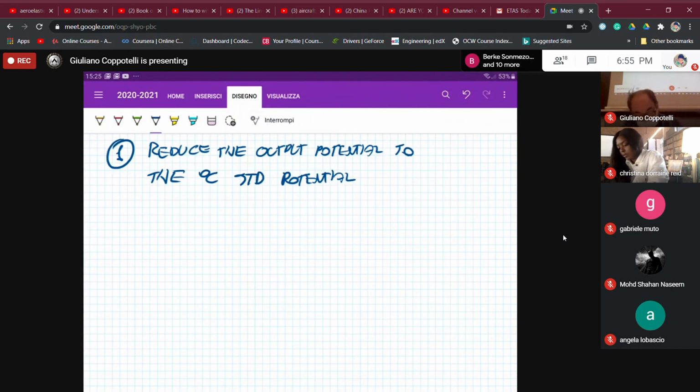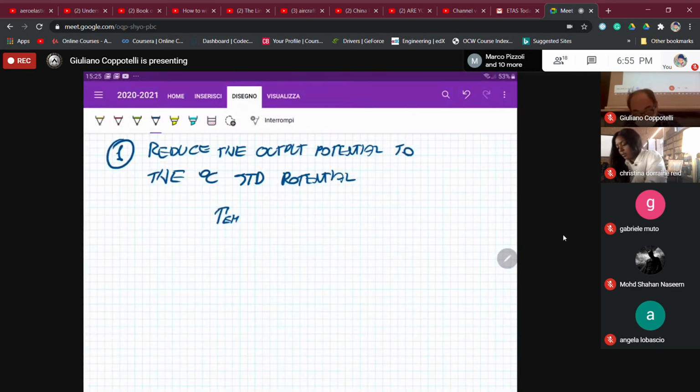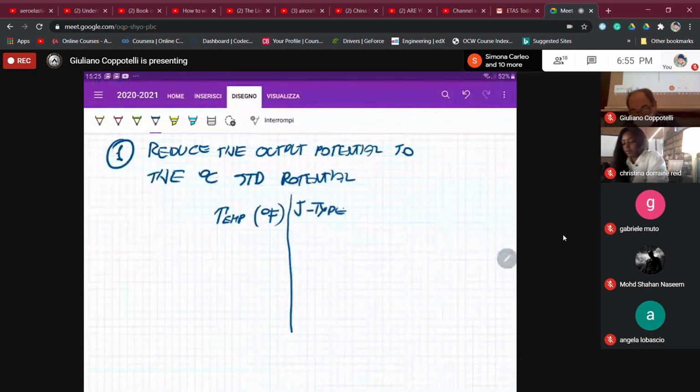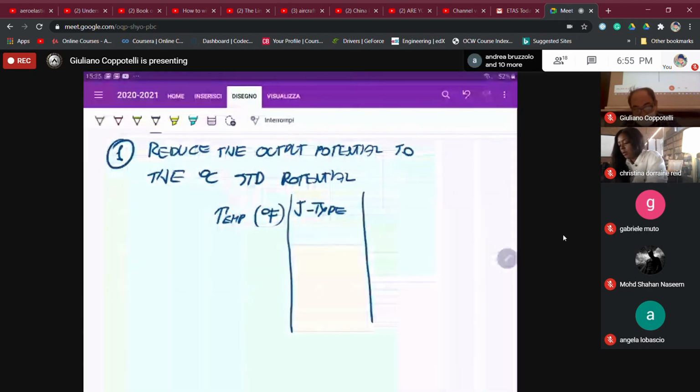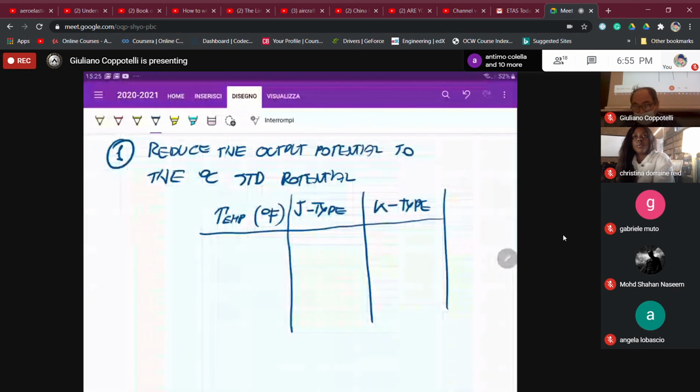We have temperature, here I have the values in Fahrenheit. And then we can refer, for example, to different thermocouple types. I have J type and, for example, K type, just to give you a touch of what these potentials are.